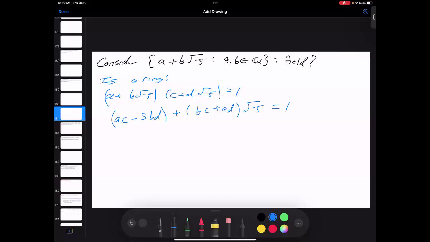What must be true about BC plus AD? If I want the expression on the left to equal 1, what does that have to equal? 0. And how about AC minus 5BD? What does that have to equal? 1. So you get AC minus 5BD equals 1, BC plus AD equals 0.